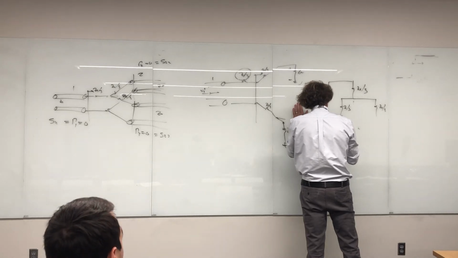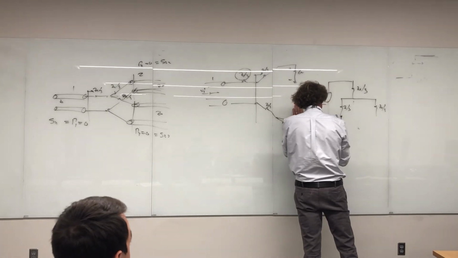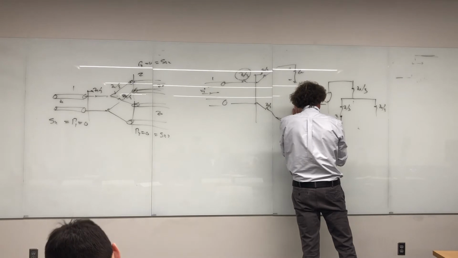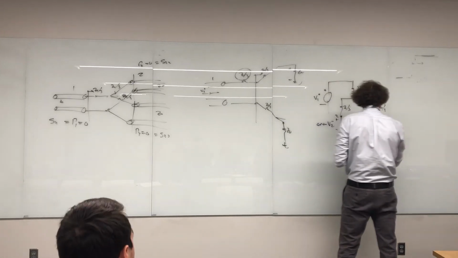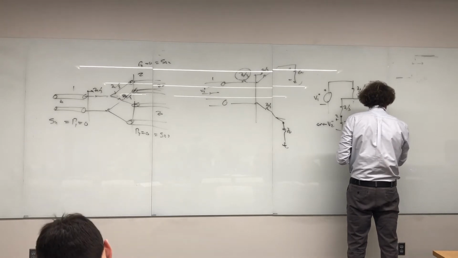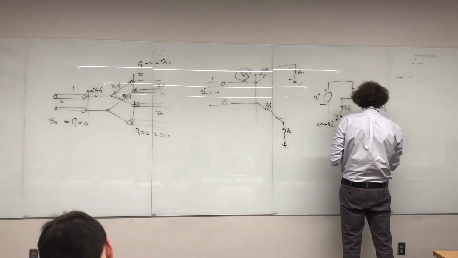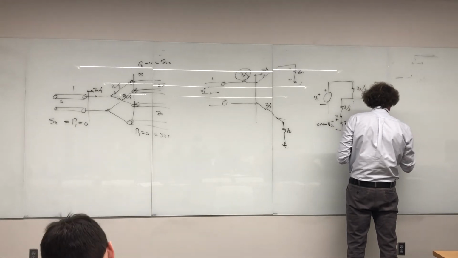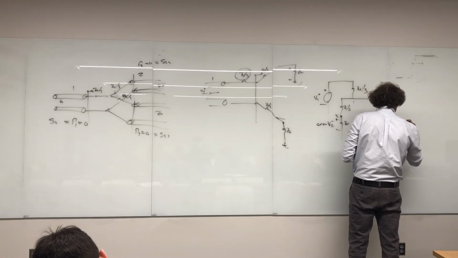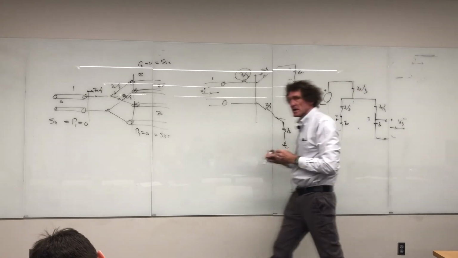And this would be V2 minus coming out this way, if you will. And that's Z naught here. And then I have Z naught here. And this is going to be port 3. And here, coming off, I have plus to minus V3 minus. Do you all follow me on what I'm trying to say here?